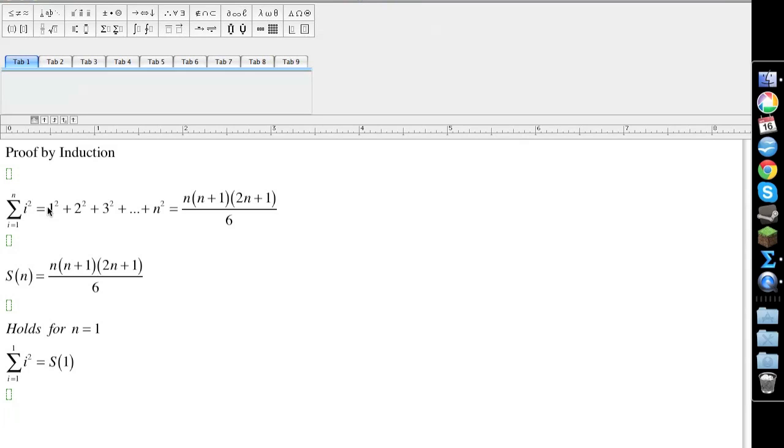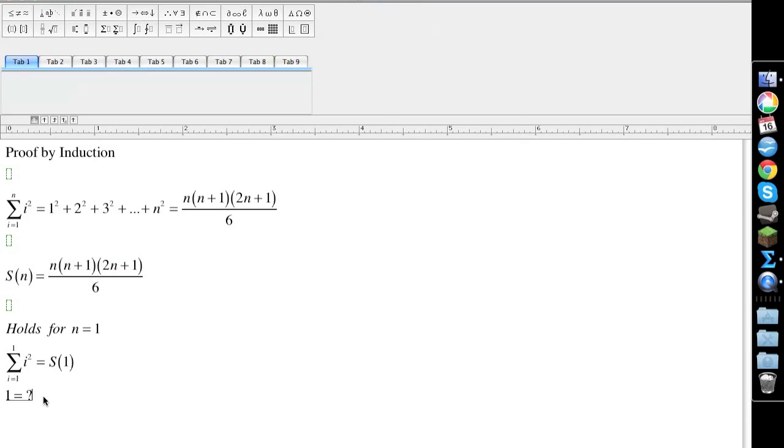So see here that I only take the first term in this sum, so then I get 1 is equal to, and as in the last video I'm asking myself if they are equal. If they are, the formula holds for n equals 1.